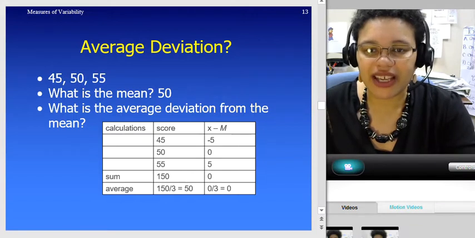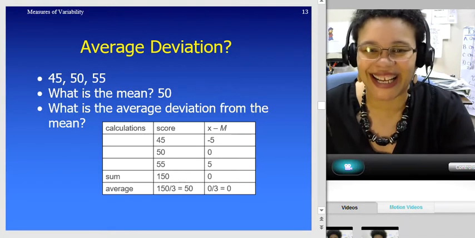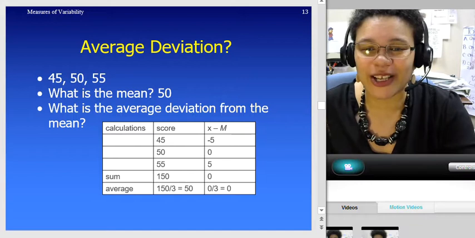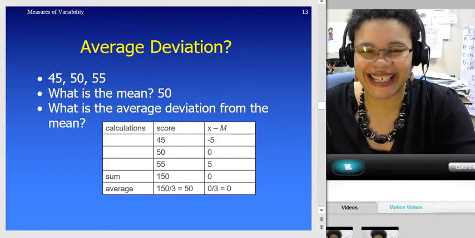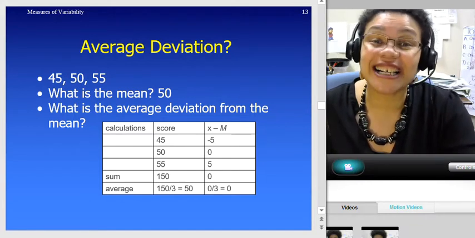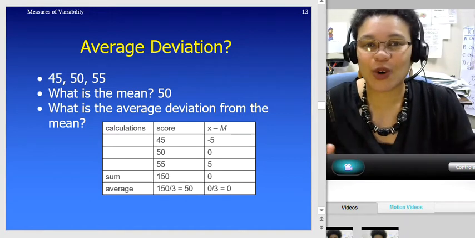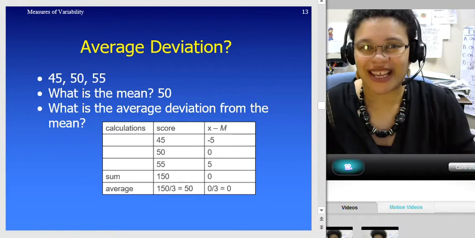What's the average deviation? Let's see. We're adding them all together. We've got to get the sum: minus 5 plus 0 plus 5. That's 0. 0 divided by 3 is 0. So wait, because some scores are going to fall below the mean, some scores are going to fall above the mean.